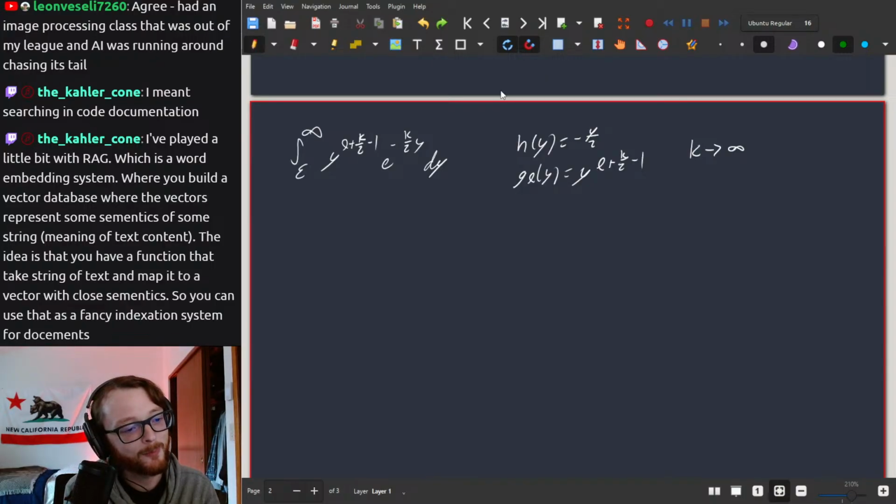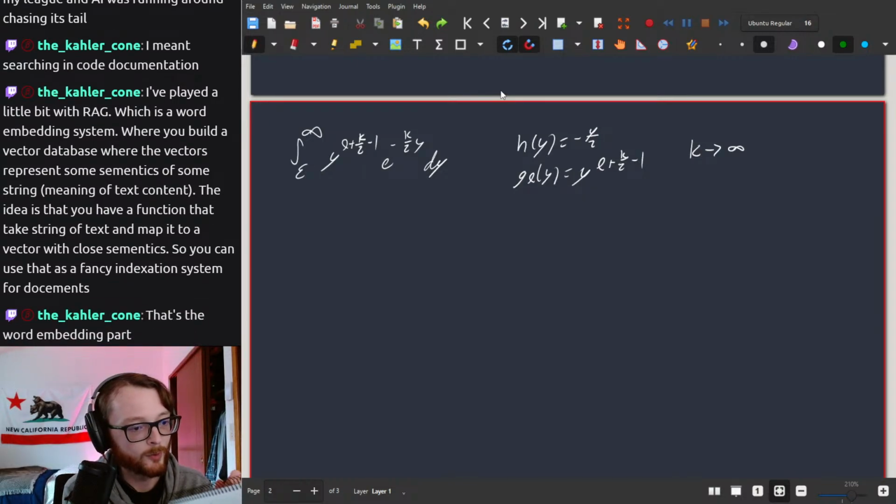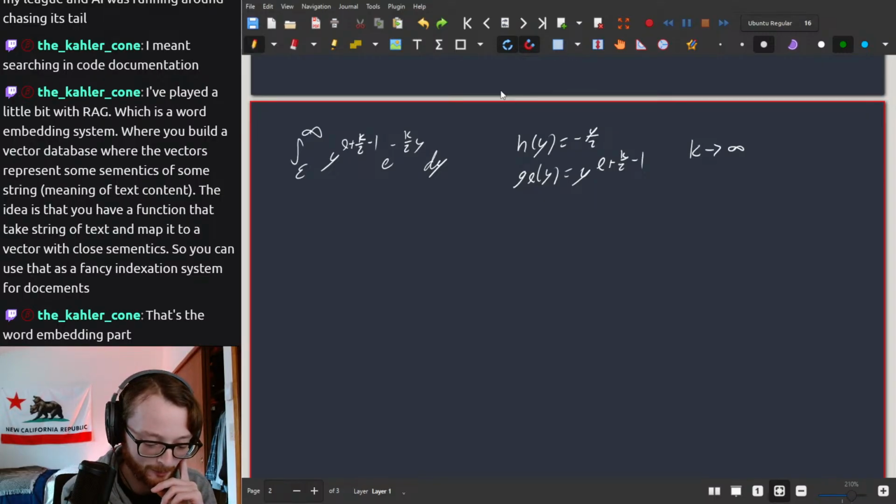I don't know how a vector represents the semantics of some string. That's where I don't understand it. That sounds interesting. It's the word embedding part. I don't know what word embedding is either.